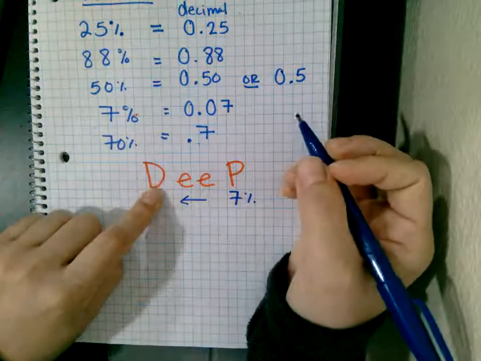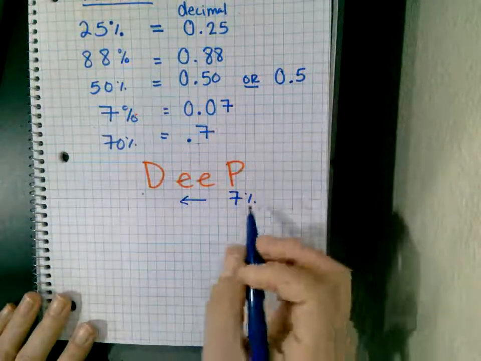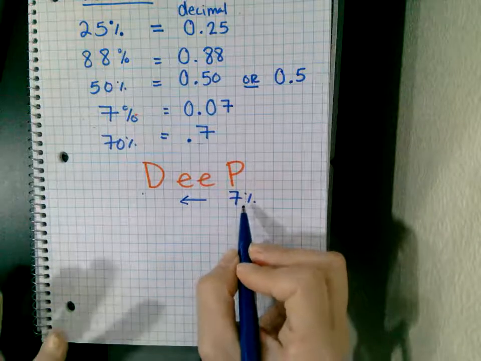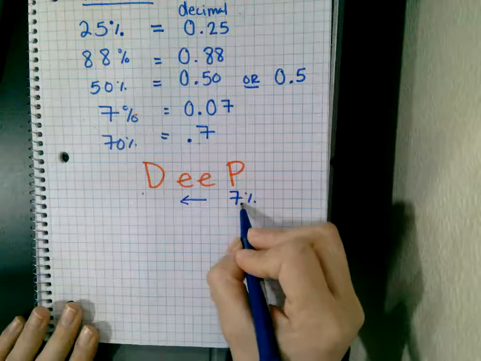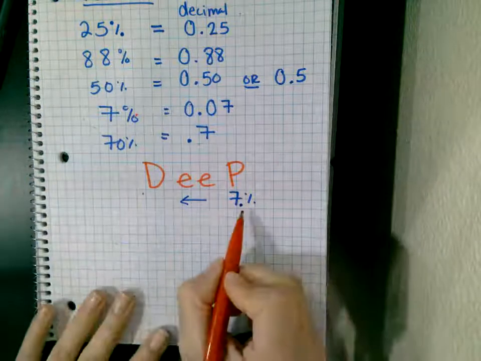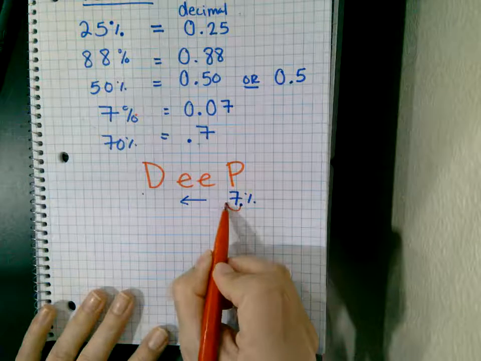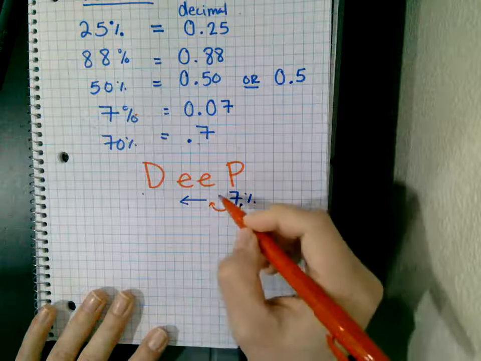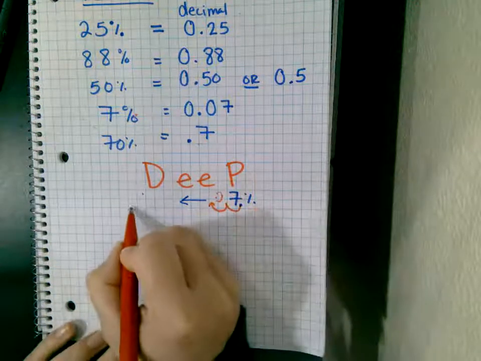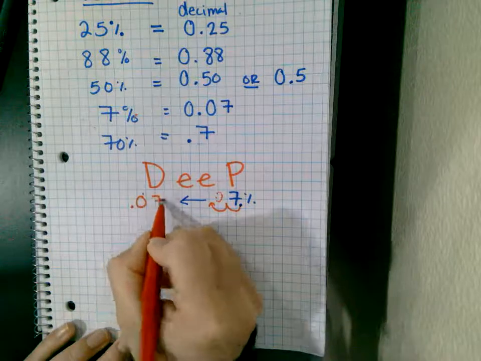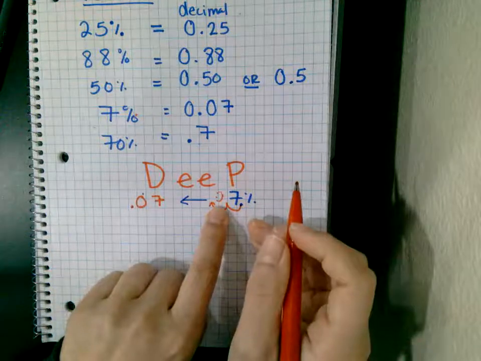The D stands for decimal, the P stands for percent. In a normal number, the decimal is in the back. Then we move it 2 times to the front, 1 and a 2. And this space right here, we add a 0. So it would be 0.07, because we have to fill in that space with a 0.